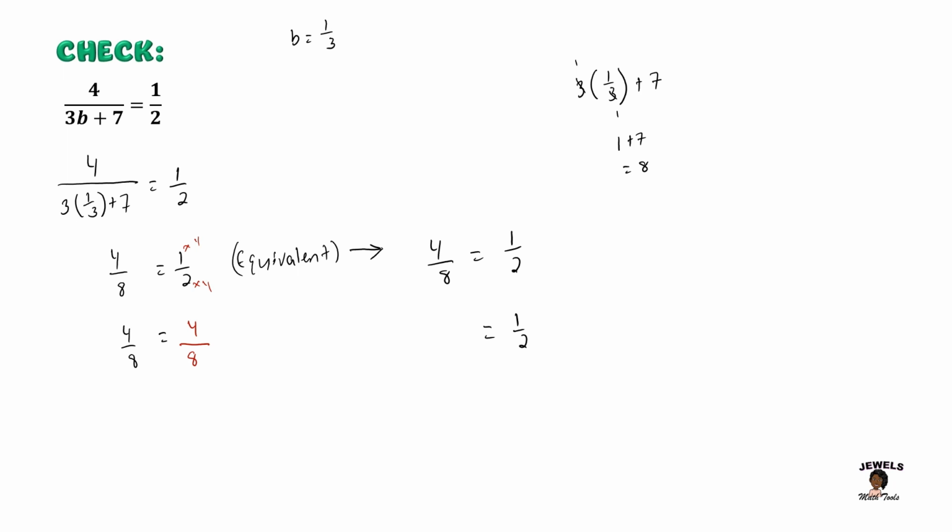And my 4 will be divided by 4, and my 8 will be divided by 4. So 4 divided by 4 is 1, 8 divided by 4 is 2. And you notice that both of these fractions, even though the numbers are different, still worked out to the exact same thing, showing that my answer b equal to 1/3 is indeed the correct solution for this equation.